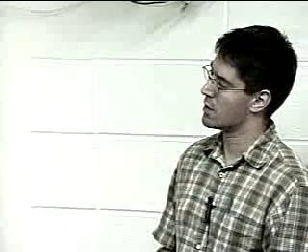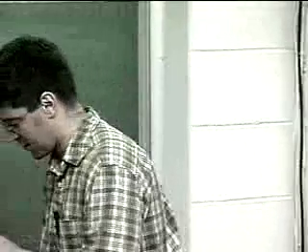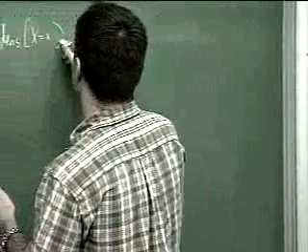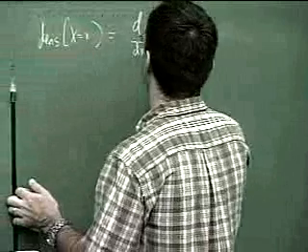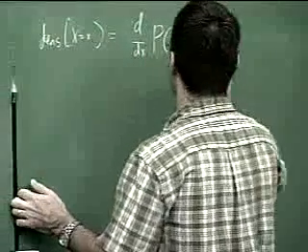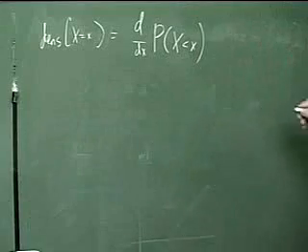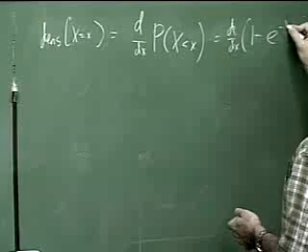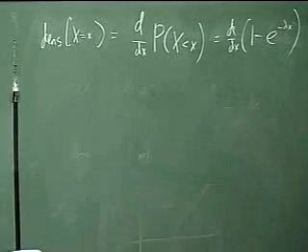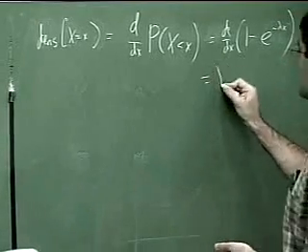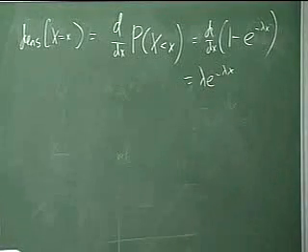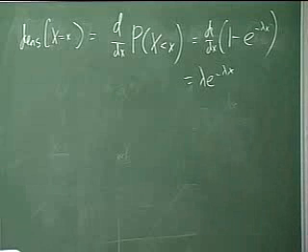So that's right. The density that X equals x is the derivative of the probability that X is less than x. Right, that's where I was confused. Which is d dx of 1 minus e to the minus lambda x. So the density is going to be lambda e to the minus lambda x.